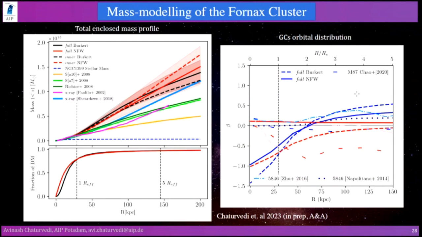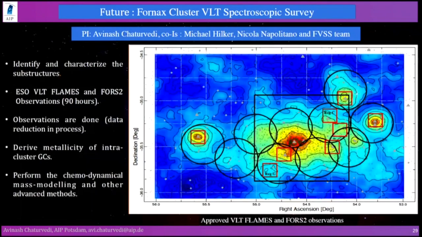So I started from the galaxy cluster, Fornax cluster, globular clusters, and then mass modeling. But there are still so many things to learn, like what is the origin of the globular clusters in the intracluster region, and what kind of dark matter halo is preferred. So this motivated us to lead further the Fornax cluster VLT spectroscopic survey.